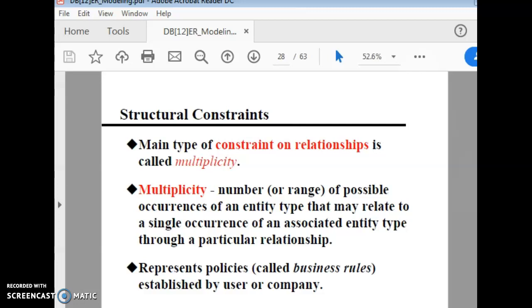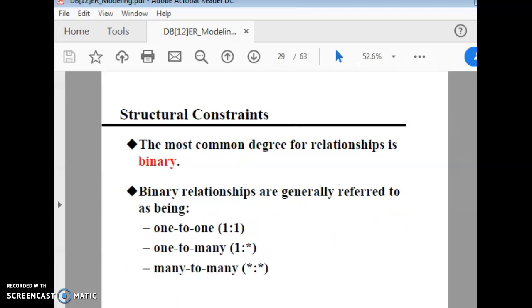Multiplicity tells how many possible entity occurrences from one entity type can be associated with the other entity type through a particular relationship. For binary relationships, there are three types of multiplicity: one to one, one to many, many to many.